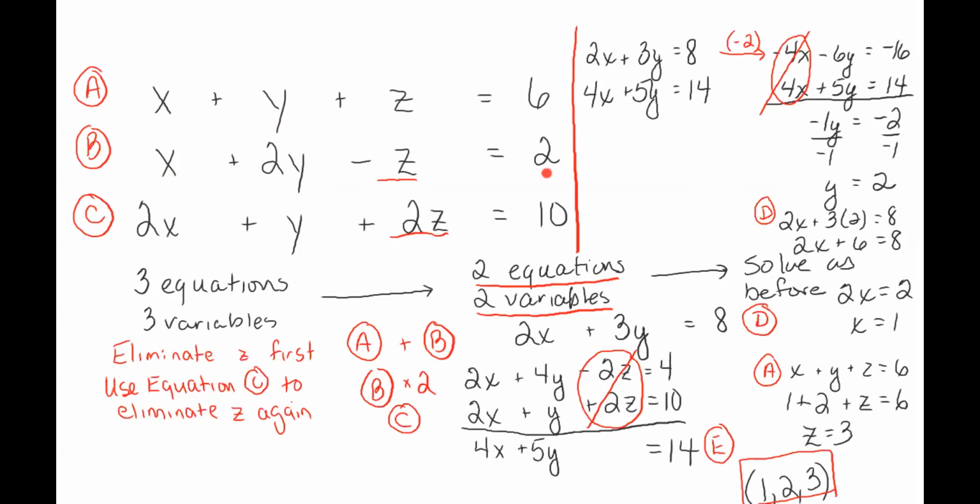Minus 3 is 2, so that's good. 2 times 1 is 2, plus 2 is 4. 2 times 3 is 6, 4 plus 6 is 10, so they all check. So remember, you can always check these problems by going back to the original equations and making sure that they fit.